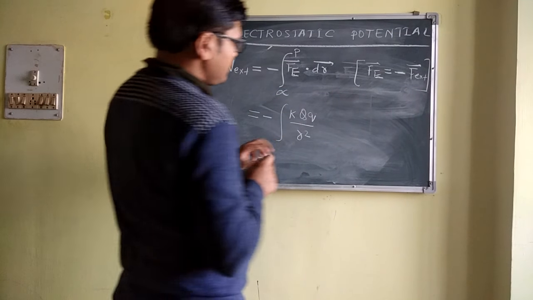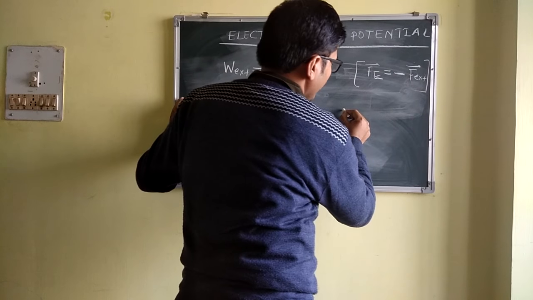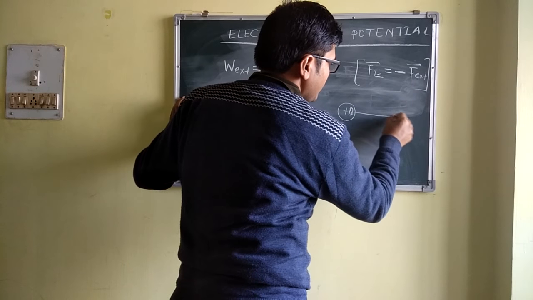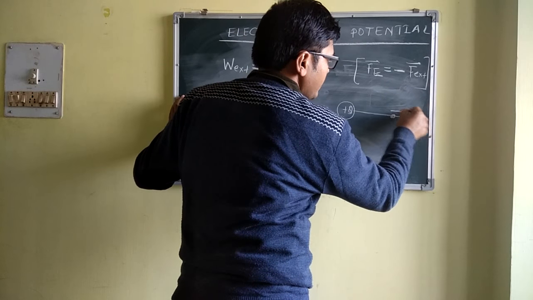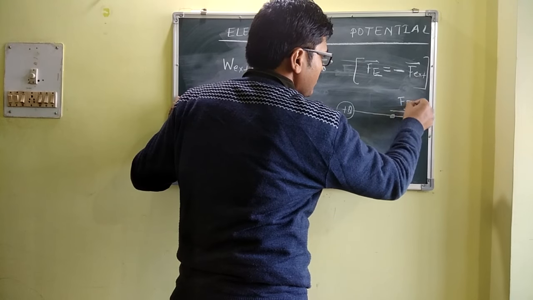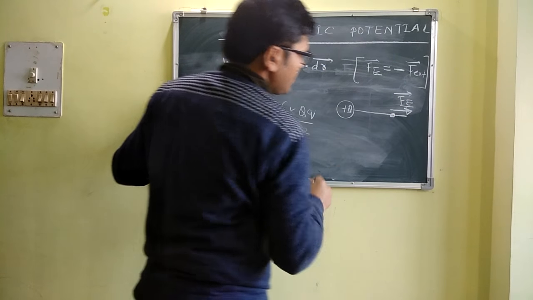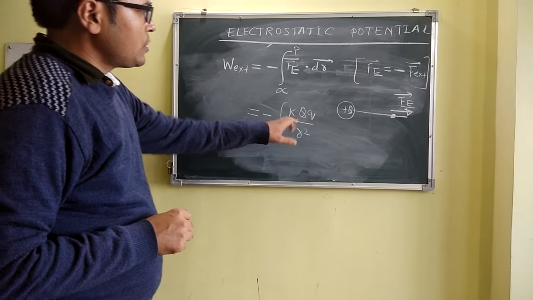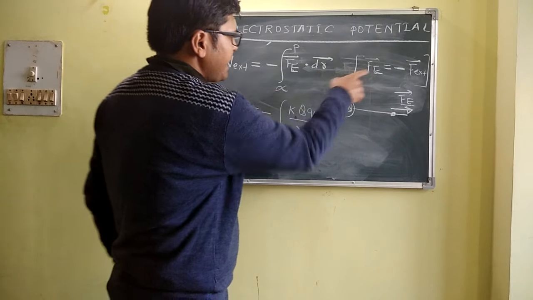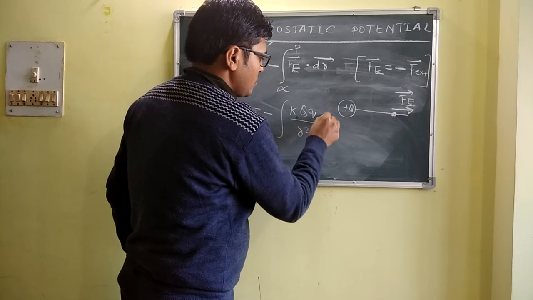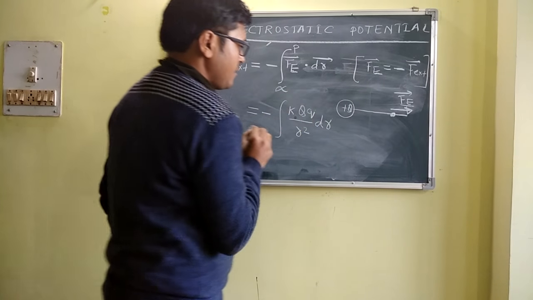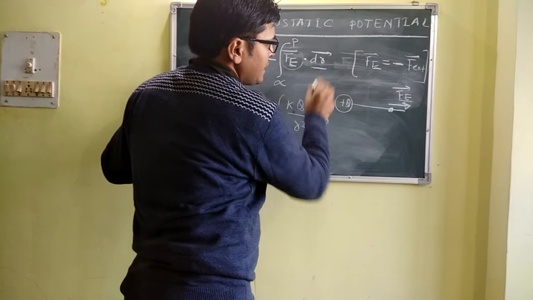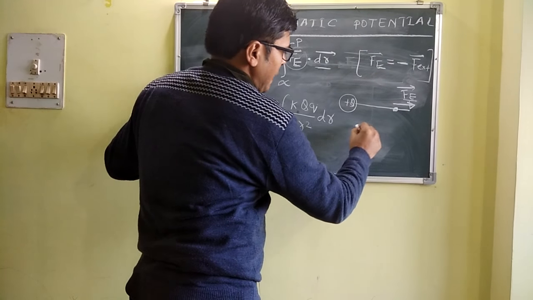Now, we are calculating in terms of electric force. So this electric force is acting in this direction, and dr is also in this direction, because this electric force and dr are parallel to each other.